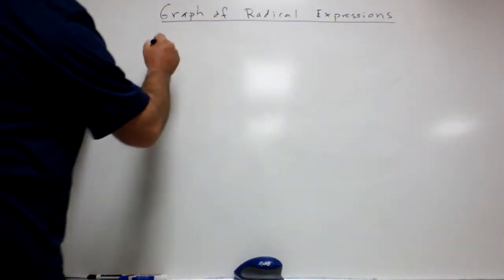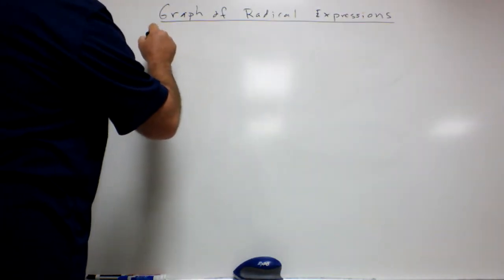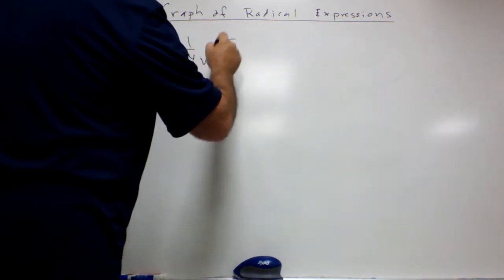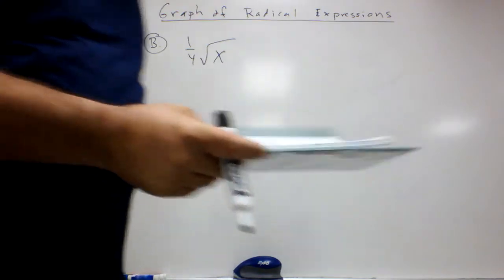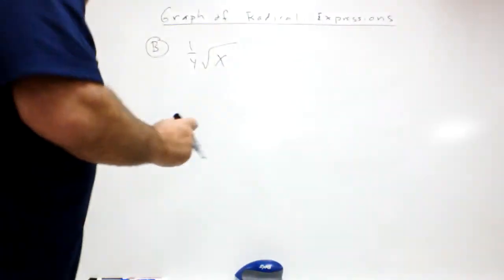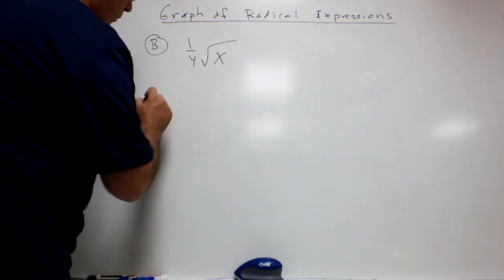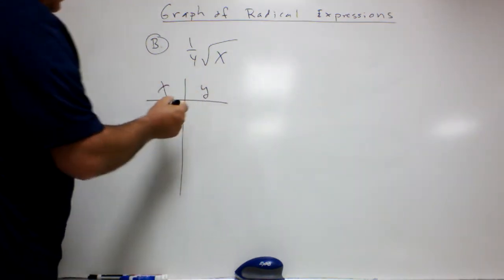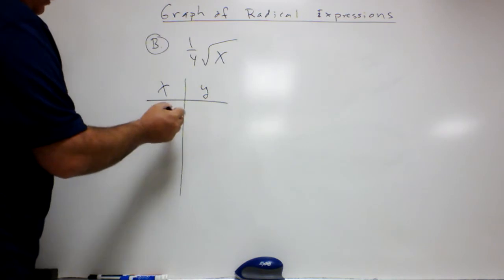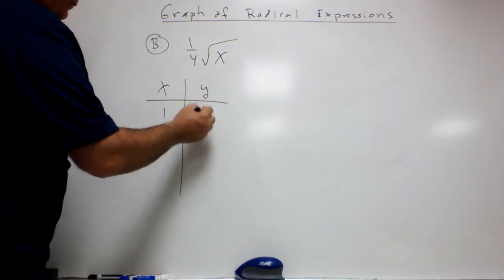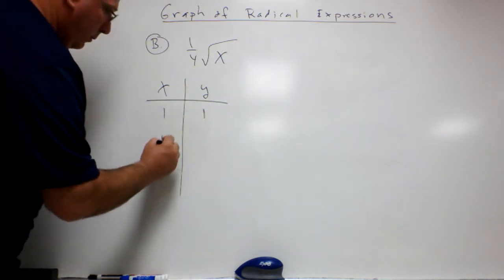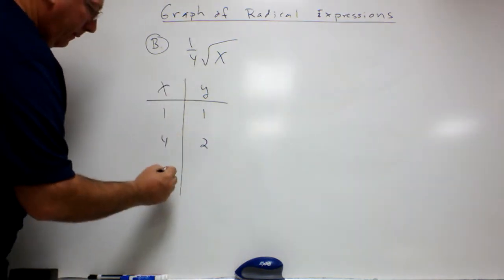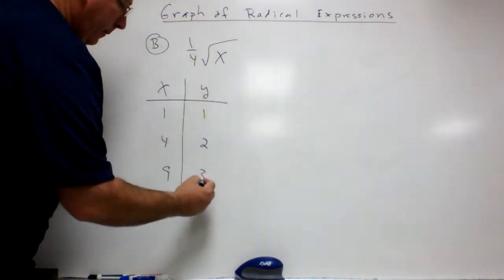The next problem I want to try is 1/4 of the square root of x. Again, we should make an x and y table. We know if x is 1, that y is 1. If x is 4, then y is 2. If x is 9, then y is 3.